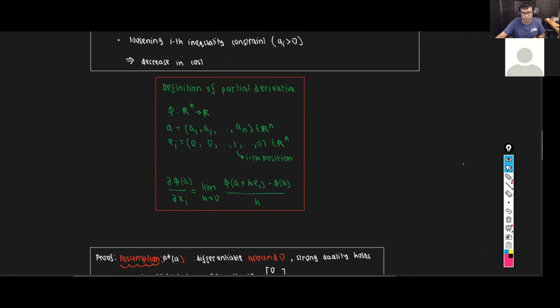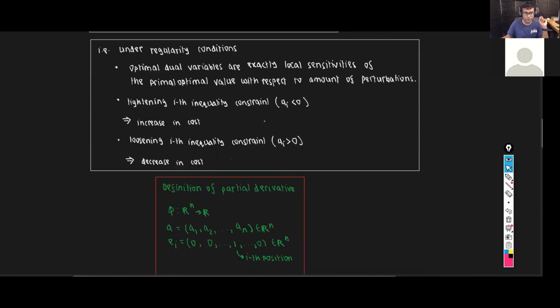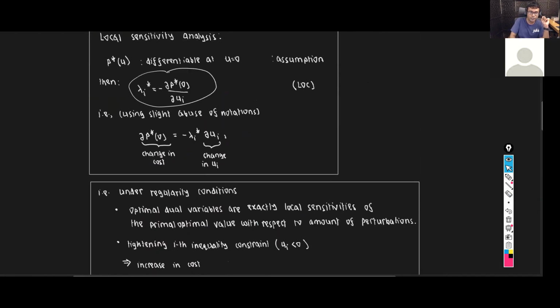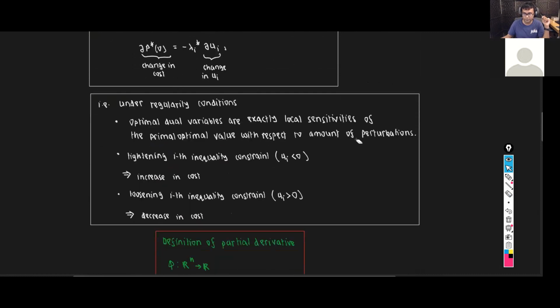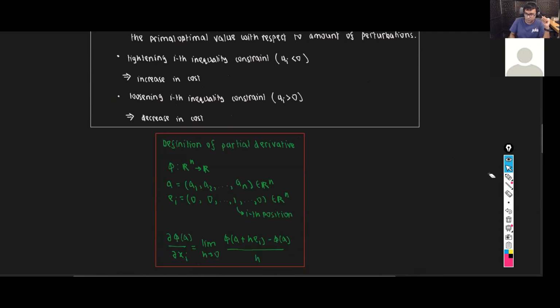To go to the proof, we are just going to do a quick recall of what a partial derivative is. Keep in mind, in this, we are actually taking a partial derivative. So let's refresh what the definition of partial derivative is. We have a function phi whose input is from the Euclidean space Rn to R. Let's say we pick an n-dimensional point A, with components A1, A2, up to An.